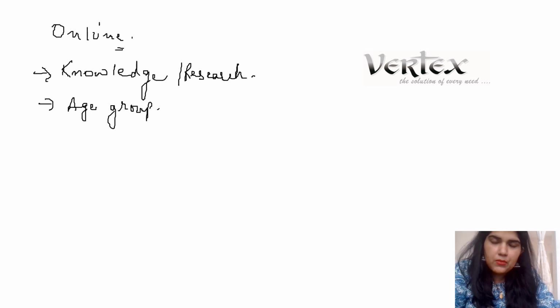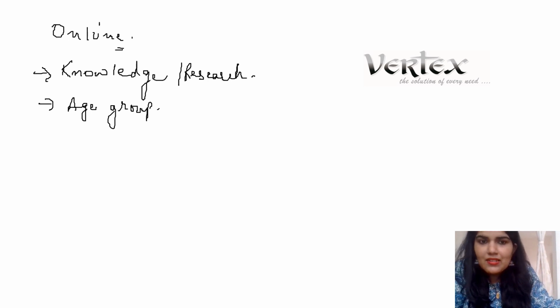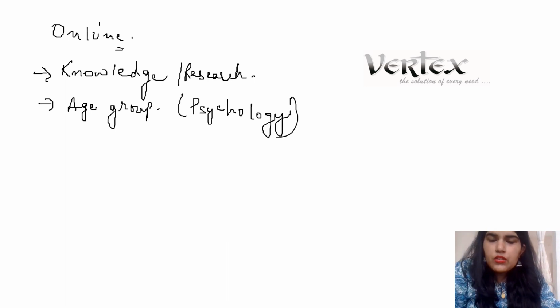So what does understanding the age group mean? It means you understand the psychology. Understanding the psychology of the learner before implementing any kind of theory on the learner is very important.